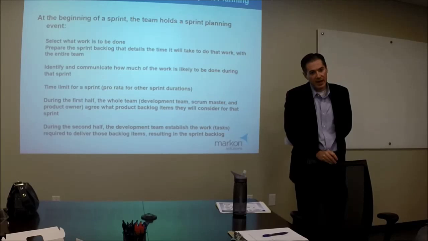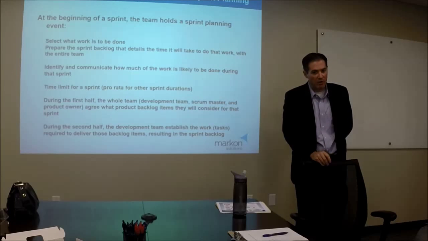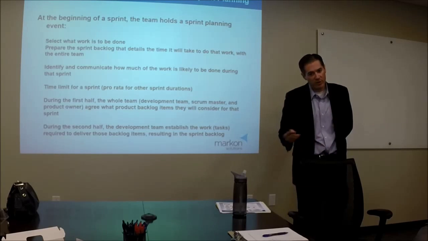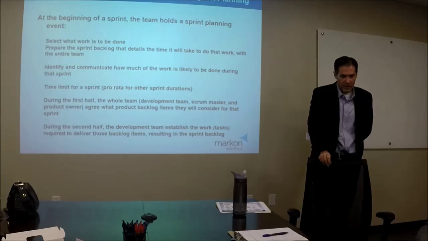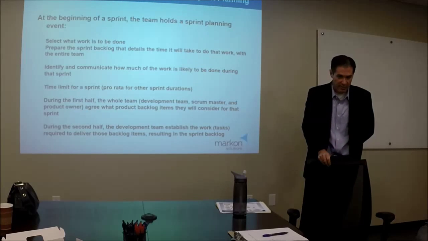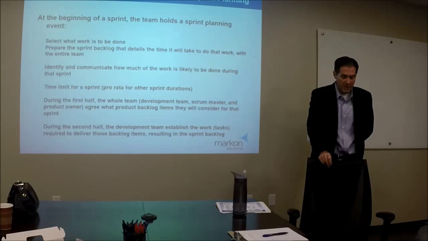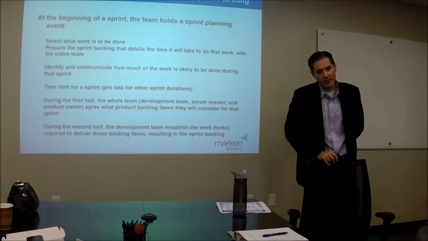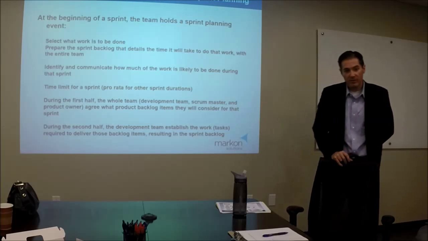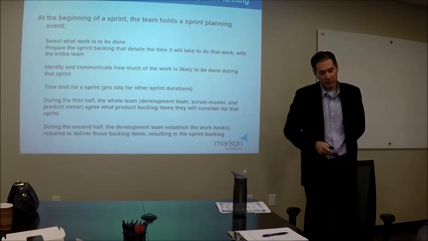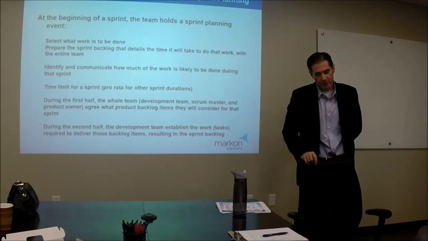It can be that the product owner's priorities do not work with the team that has been assembled, and in that case the Scrum Master and the product owner would need to figure out how to reorganize the team to remove impediments to get whatever needs to get done in the time frame needed. But it's a negotiation. What scope is determined for the sprint happens in the sprint planning meeting, and it's a negotiation between all team members, including the product owner, Scrum Master, and the team members.